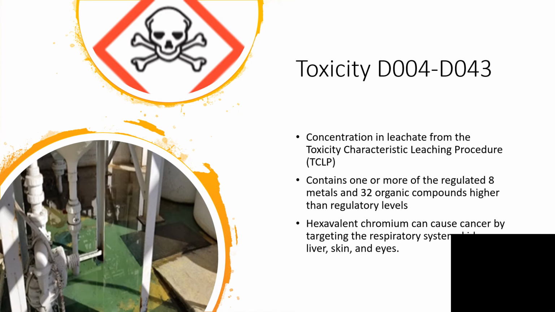Again, this picture is from that same waste inspection where hexavalent chromium was found spilled in this makeshift containment area. It's important to note that hexavalent chromium can cause cancer by targeting the respiratory system, kidneys, liver, skin, and even eyes.